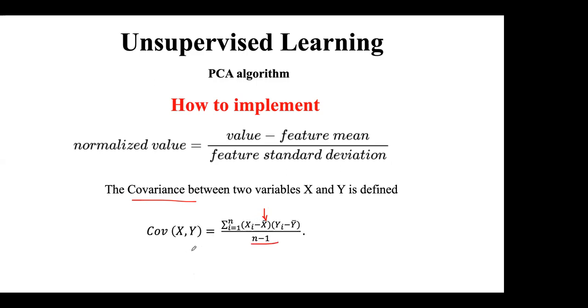Now just imagine that instead of Y, we replace it with X. Then this turns into the variance, which is basically X minus X bar multiplied by, again, X minus X bar, divided by n minus 1.